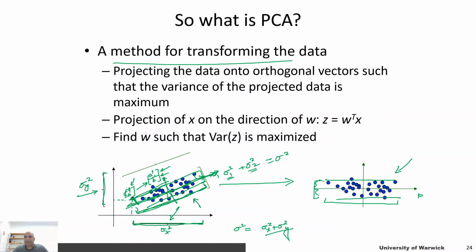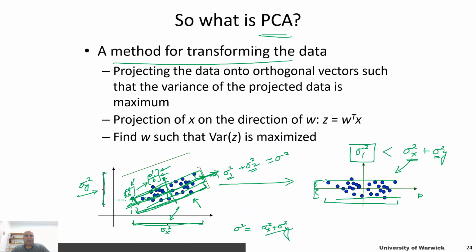The amount of variance along the new direction is just going to be sigma squared 1, which is smaller than sigma squared x plus sigma squared y. But this is going to be better than if I had chosen to project onto only the x-axis or only onto the y-axis.